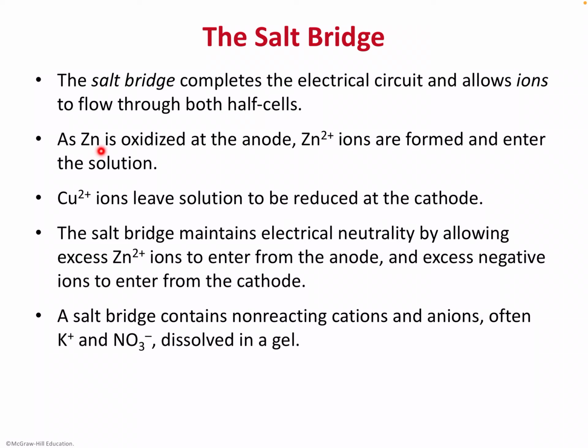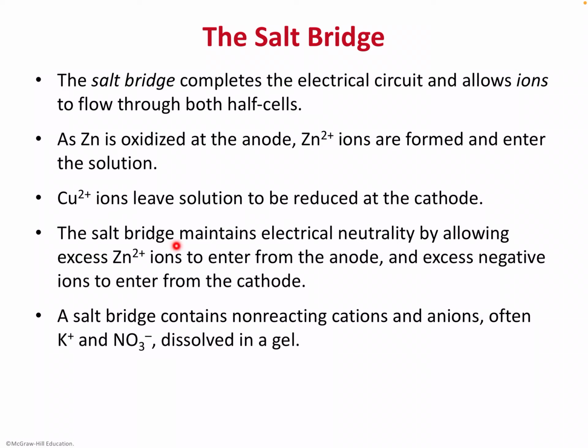As zinc is oxidized at the anode, zinc 2 plus ions are formed and enter the solution. You have a zinc metal strip, it oxidizes and becomes zinc 2 plus. It comes into the solution. Copper 2 plus ions leave the solution to be reduced at the cathode. So the copper 2 plus ions that were in the solution now become copper.